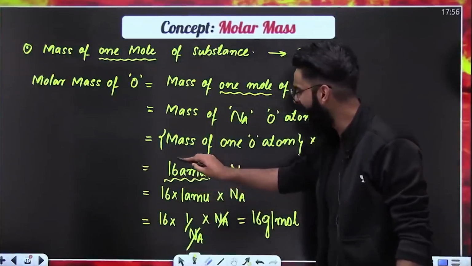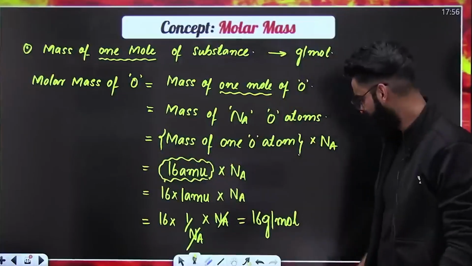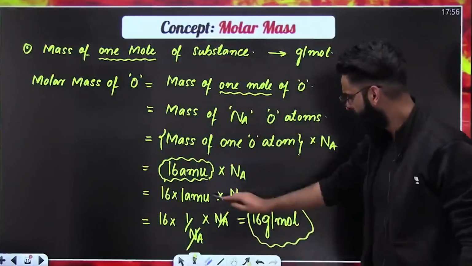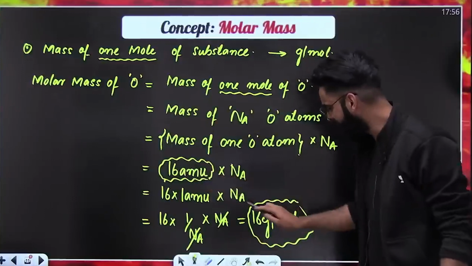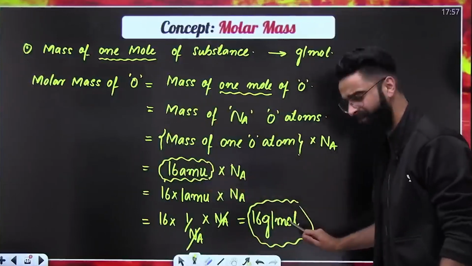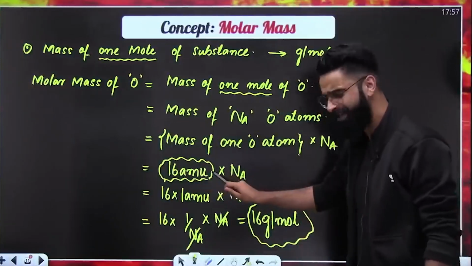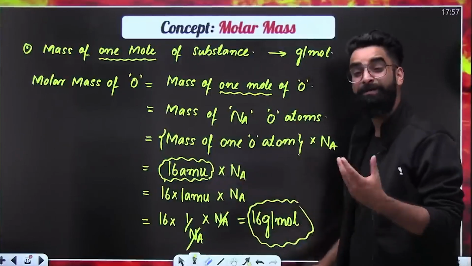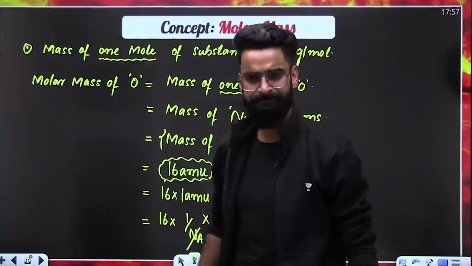That means the mass of one atom of oxygen was 16 AMU. Molar mass of oxygen came out to be 16 grams. So, do you see, magnitude-wise, both are the same? It is just the units that are different. When you write AMU as the unit, it becomes atomic mass. When you write grams per mole as the unit, it becomes molar mass. Nothing else.